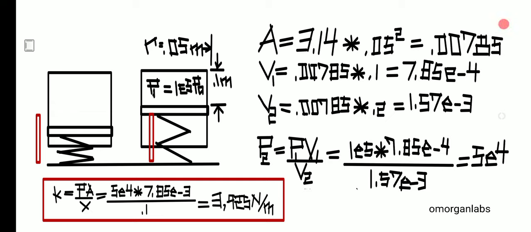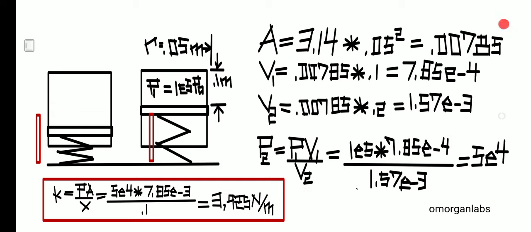Okay, so the last step, all we have to do is plug in the numbers for your equations. The hard part is figuring out which equations to use. And now we just have to make sure our units line up and we multiply everything correctly in our calculator.